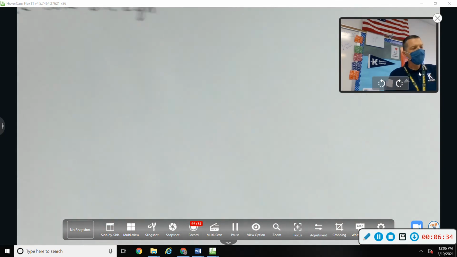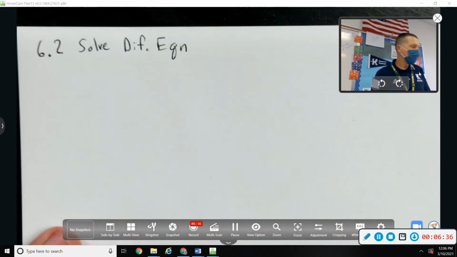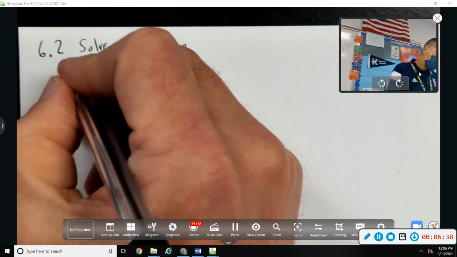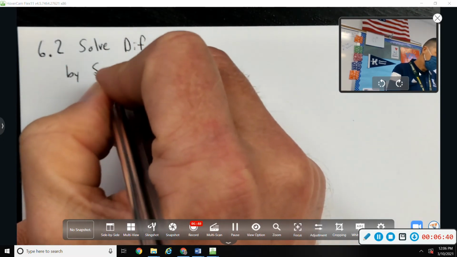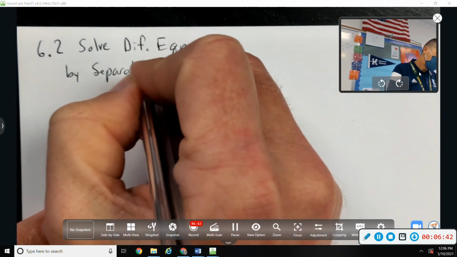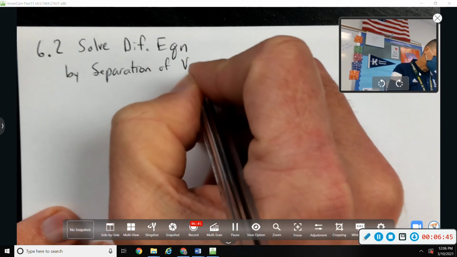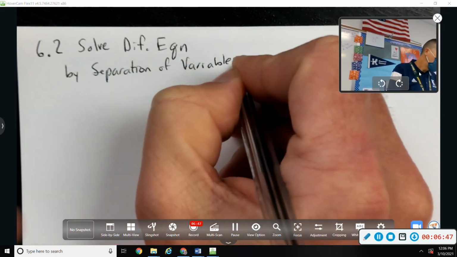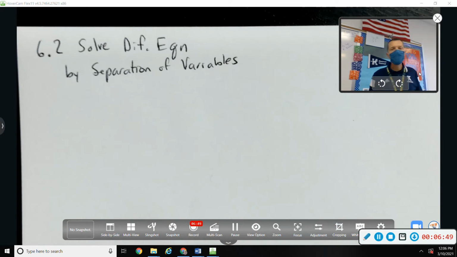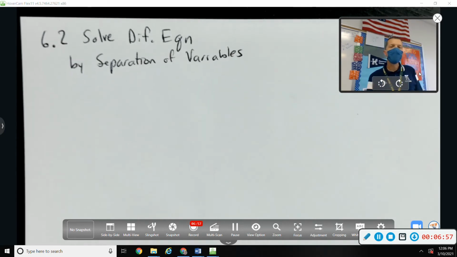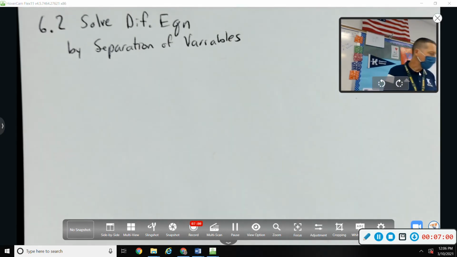Solving differential equations by separation of variables. Again, we already did one. We're just going to do two more for examples, and then we'll do one together off of the notes, or off the homework, to get you started on it.